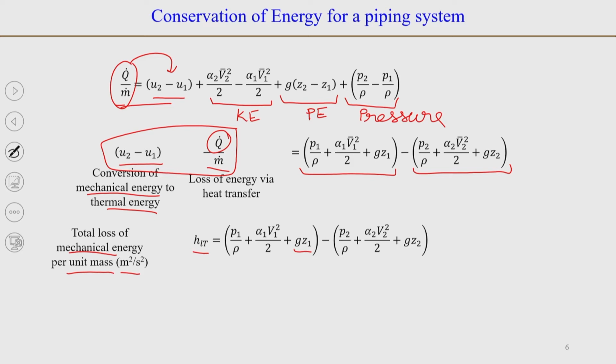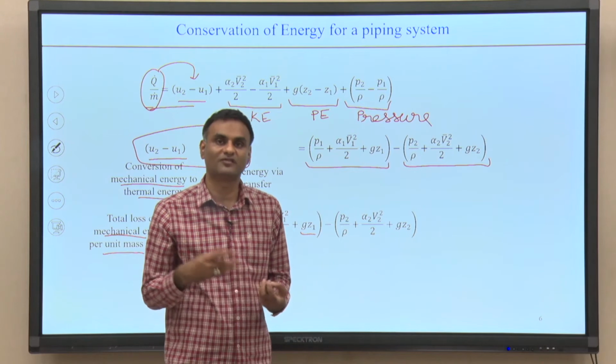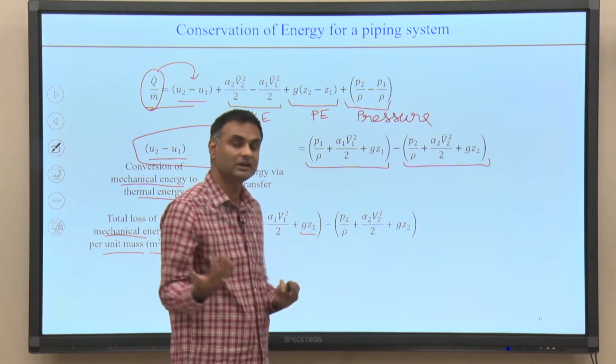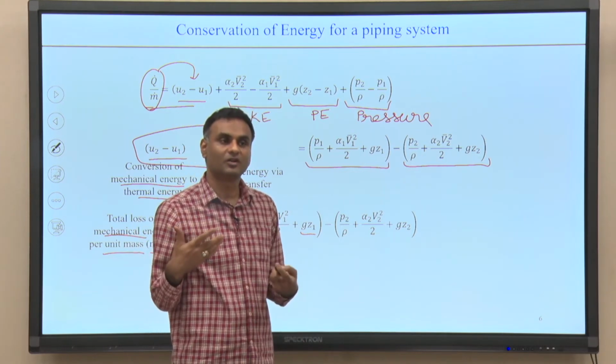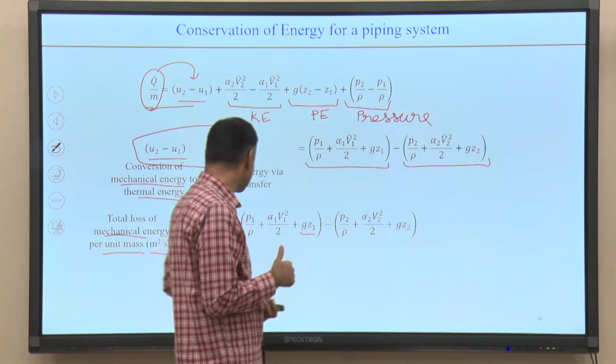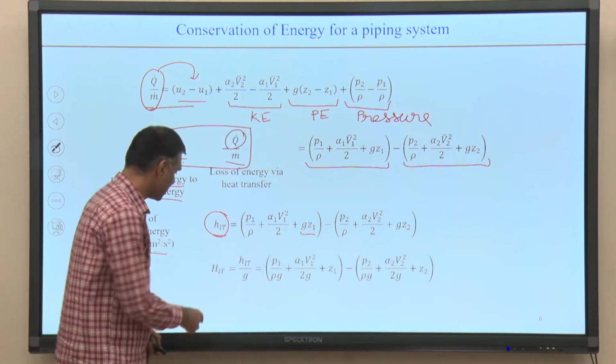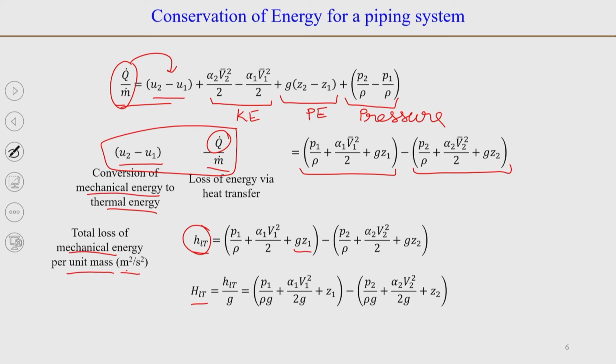So, you have meter squared per second squared, and this is total losses. Now, it is also represented in terms where the units are in meters, as we have been doing with Bernoulli's equation. So, we can represent it as capital H_LT, where L represents loss and T represents total.